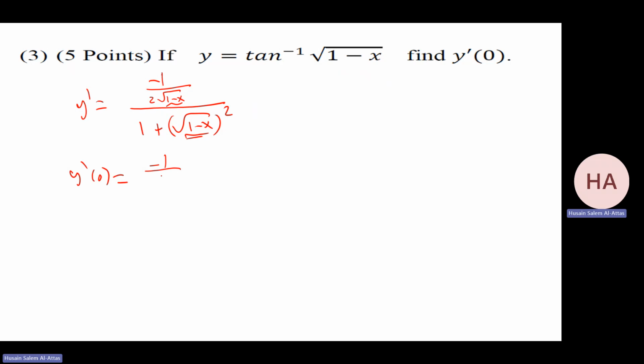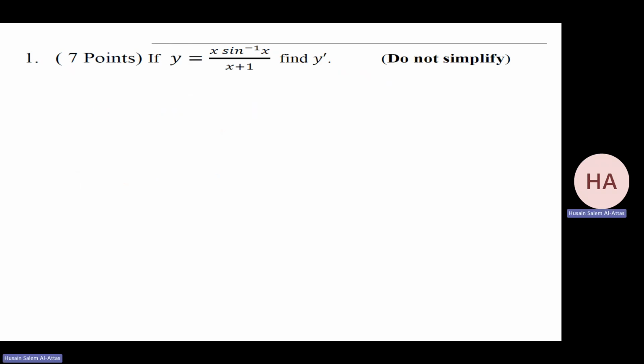That will be -1 over 2 times 1 over 1 plus 1. Yeah, or you can do it this way. This is at 0, so it will be easy. -1 over 2 all over 1 plus 1. And that will be -1 over 4.